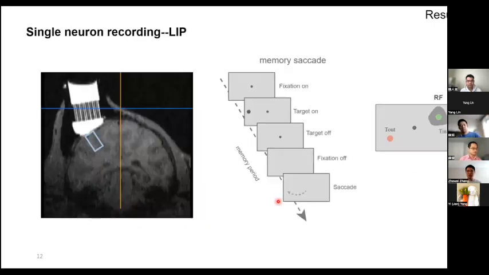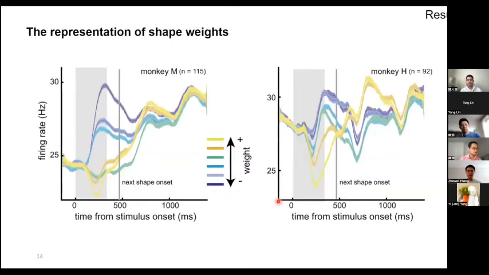But you mentioned that there are two representations. Does that mean the first is a negative correlation, and then it will be a positive correlation? Actually, to be honest, we don't have much evidence to show whether the monkeys have another peak.